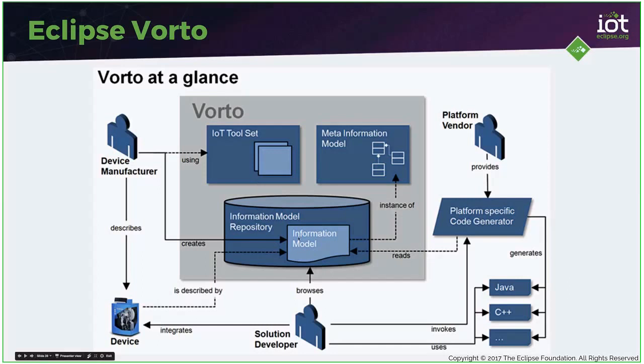A Vorto information model describes the capabilities of sensors, devices, etc. And then by means of code generators, people can easily turn this representation of the device capabilities into something more meaningful, like generating some code to start manipulating the device within Kura, or some code for a very simple default UI for interacting with the device through a web interface that relies on the Kapua APIs, for example.